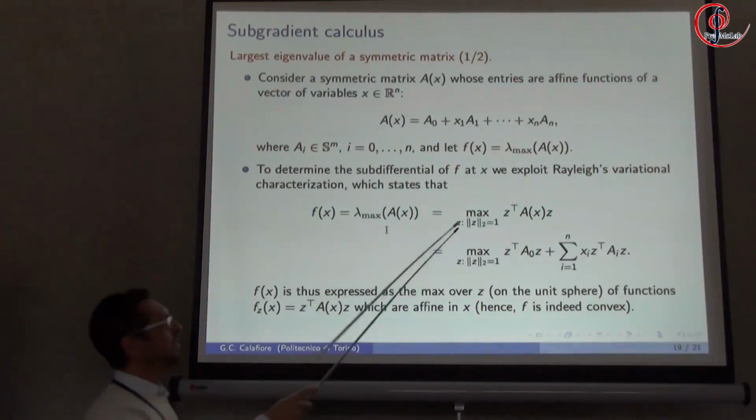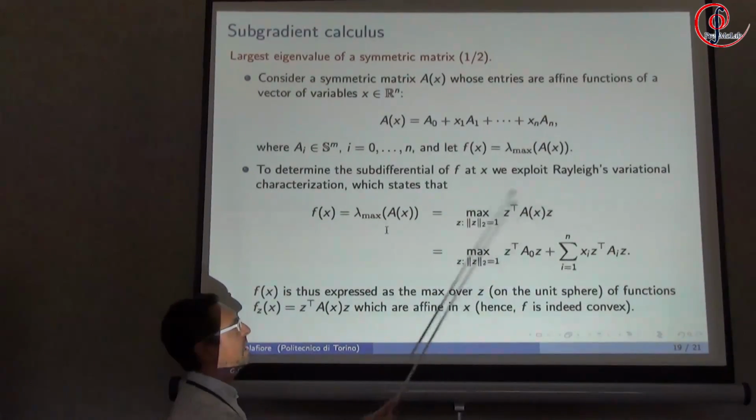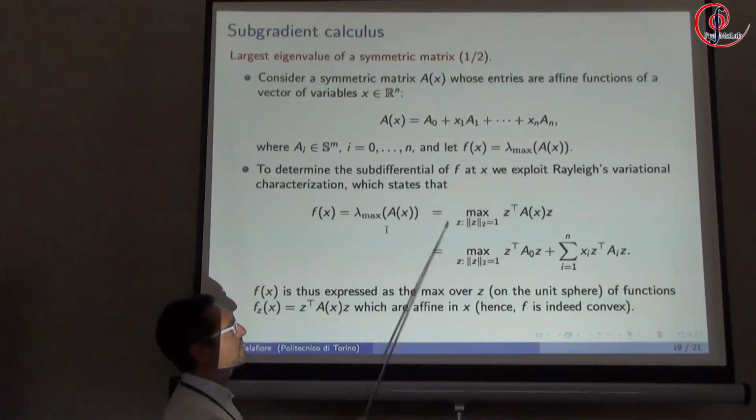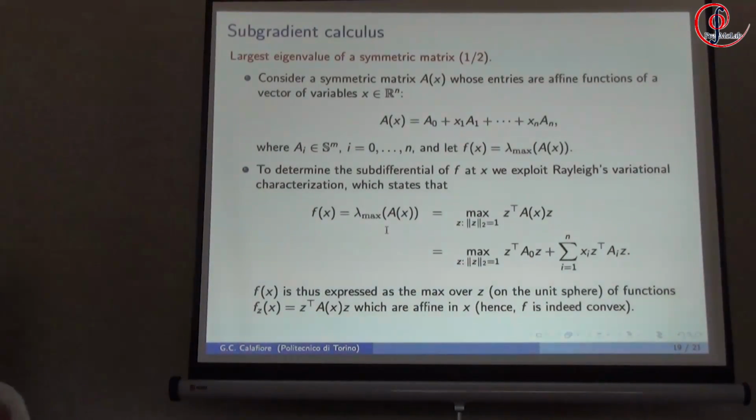So the maximum eigenvalue is the maximum of z transpose A(x) z, and the maximum is computed over all z that are on the unit sphere. Okay, this is a more or less known fact in matrix algebra.